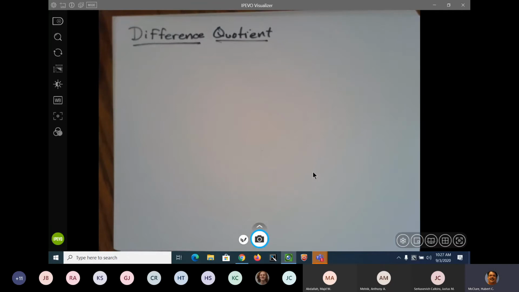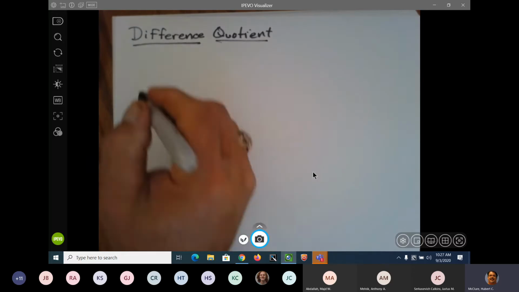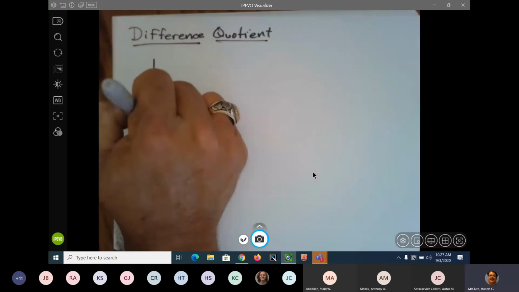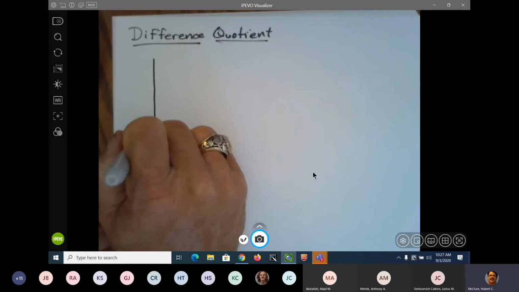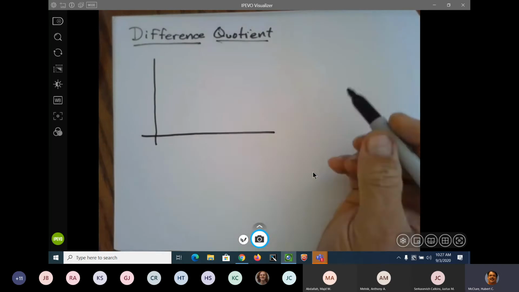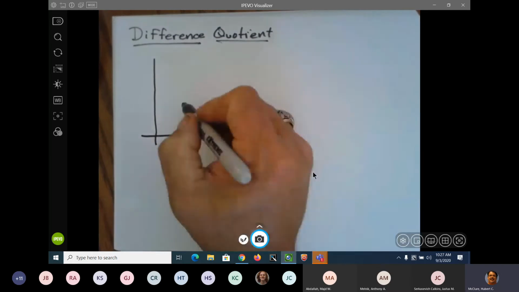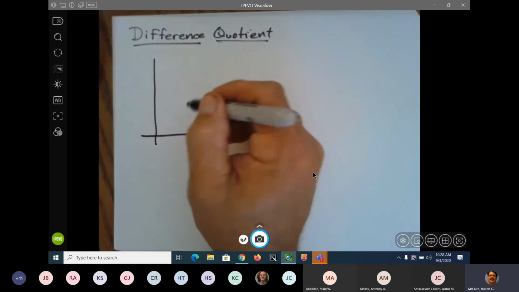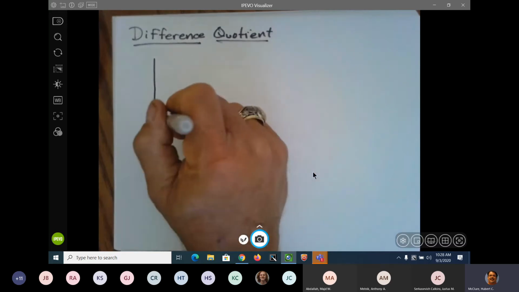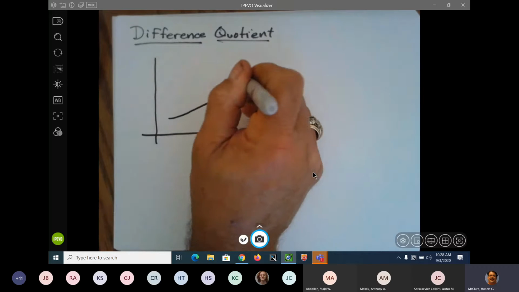But what is it? Well, I'm going to draw a first quadrant curve. Well, not a curve because you ain't in calculus yet. Well, you could. Yeah, we're going to do a curve. And there's your curve right there.